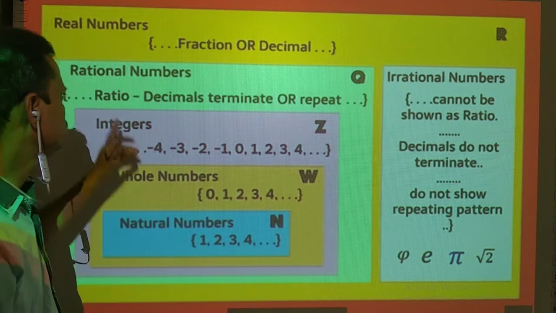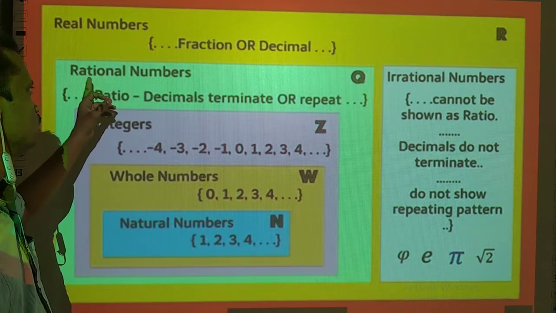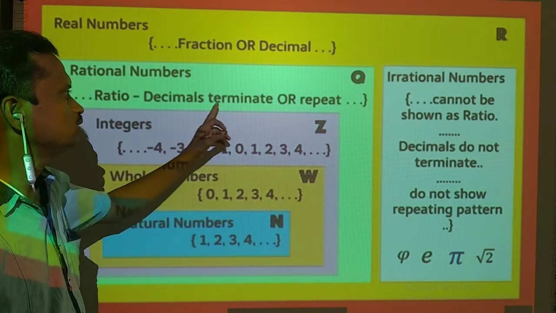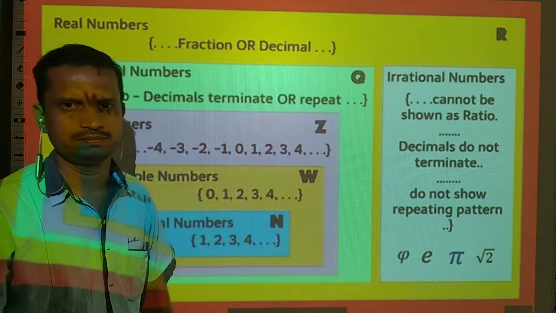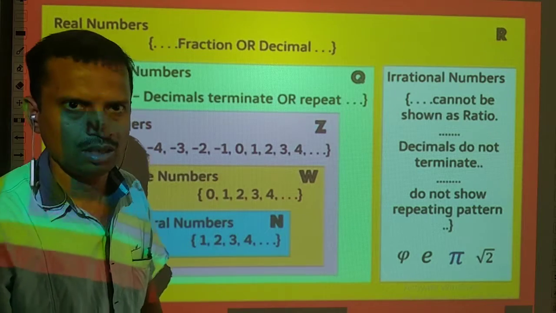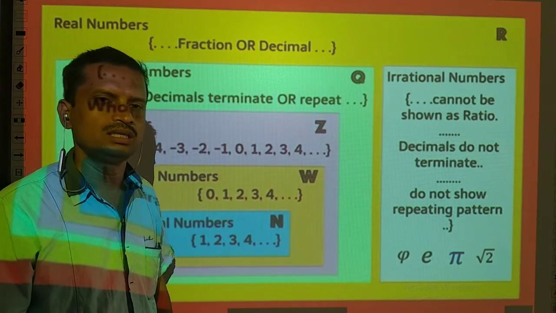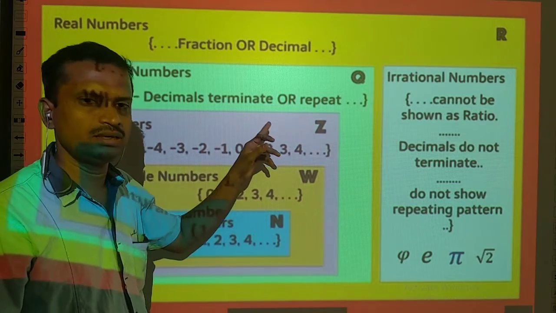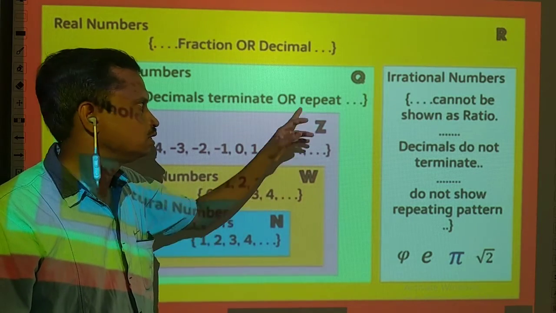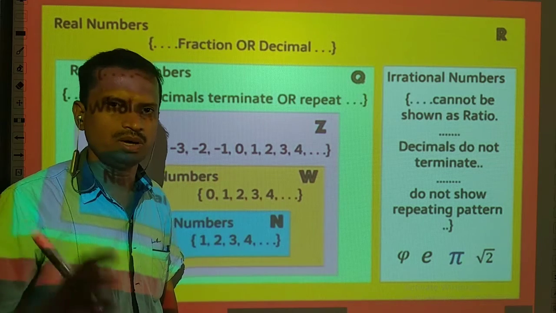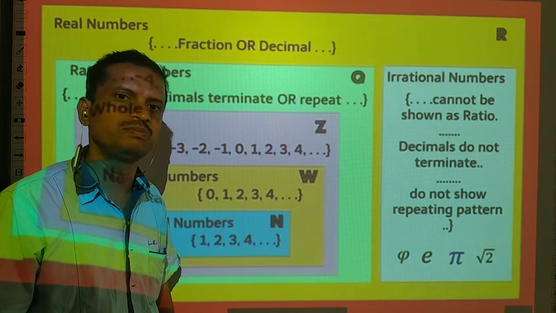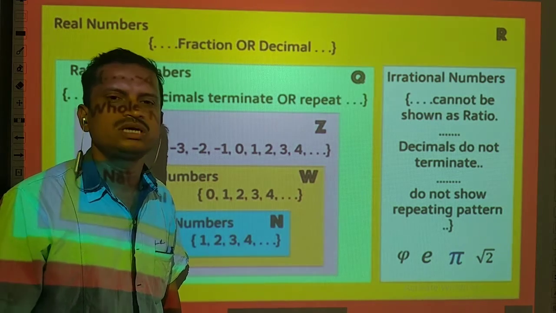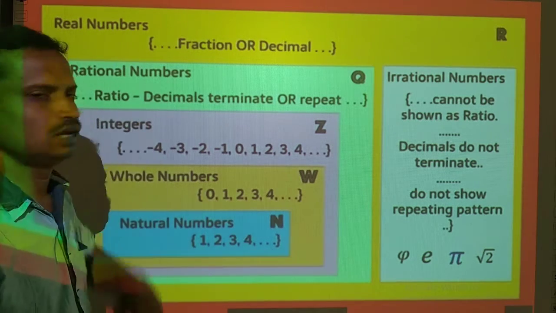So the root word is ratio, and you get rational numbers. In decimal expansion, we can say rational numbers will terminate or repeat in the decimal part. Non-terminating means it will repeat; terminate means that's all. So this type of numbers are rational numbers.